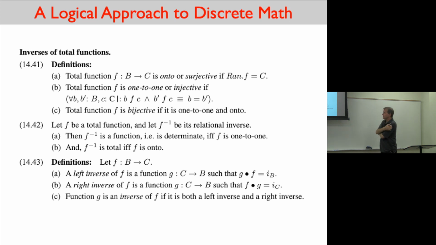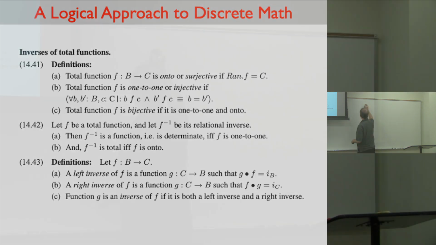We're not going to prove these theorems. I wish we had more time. This was really good math. If we weren't so rushed, we would stop, be real thorough, and actually learn how to prove these. But I think you can see what the idea is. Let's take a look at 14.42.